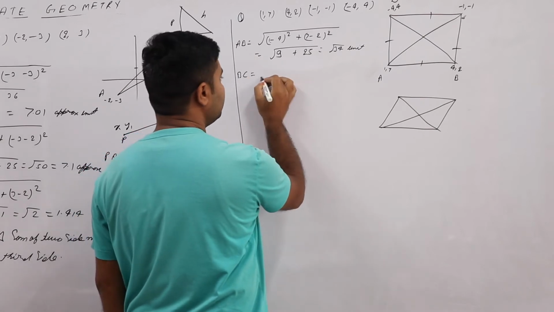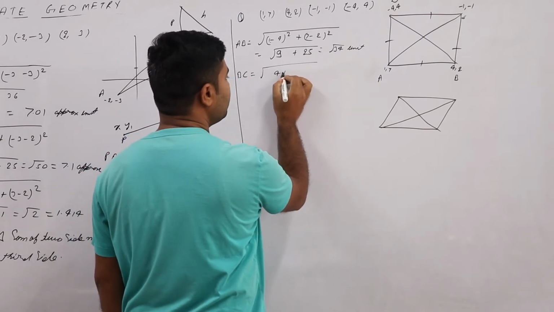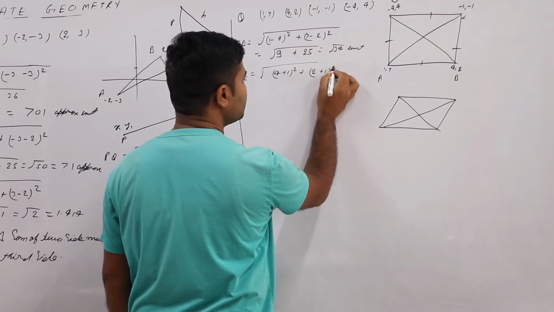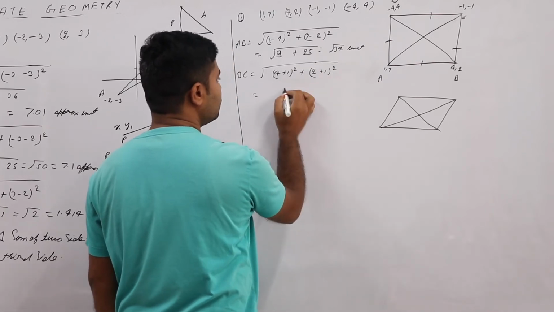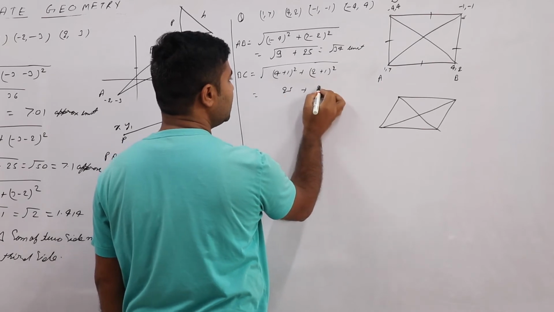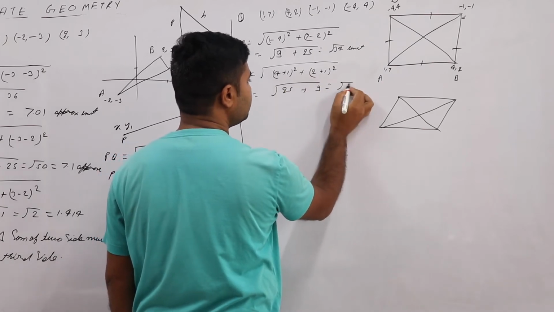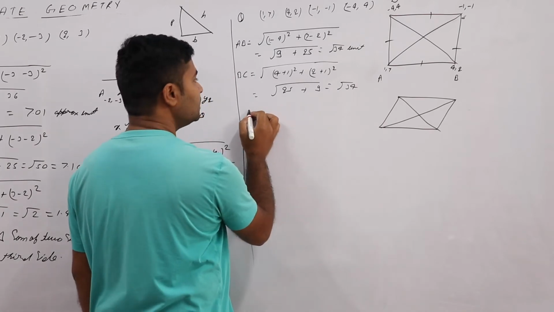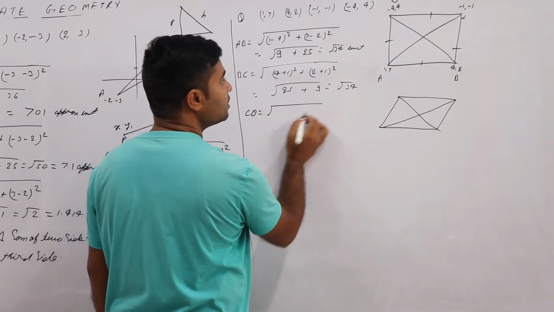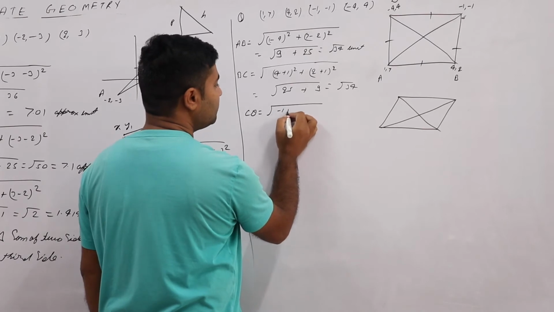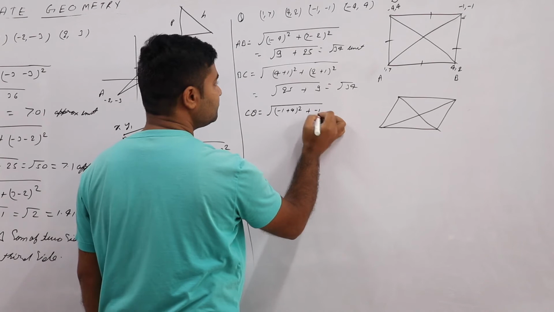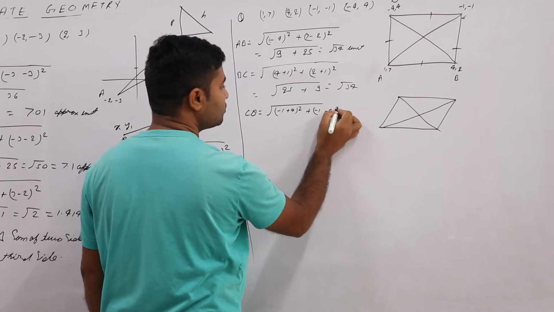BC. Say, how to write BC? (4 plus 1) square plus (2 plus 1) square. Getting now? So 25 plus 9, again root 34. Yes na? Yes or no? Next find CD. CD, speak. (-1 plus 4) square plus (-1 minus 4) square.